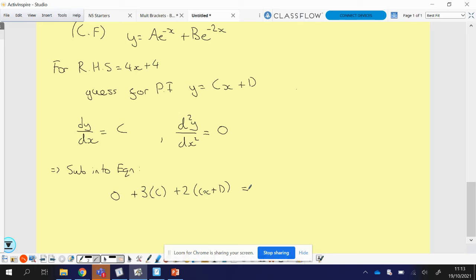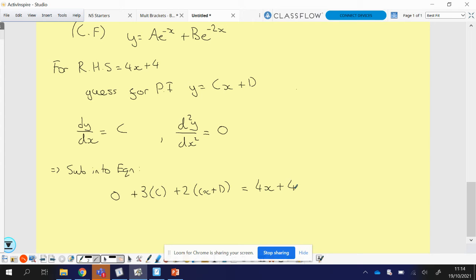And that equals our right hand side, 4x plus 4. Is that step clear on what I've done there, folks? Anybody got any questions about where I've plucked those out of? No, okay.